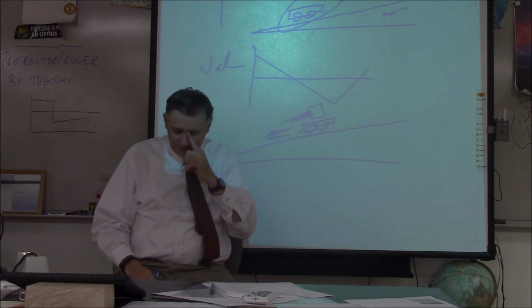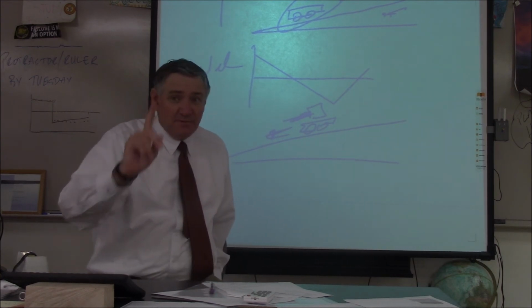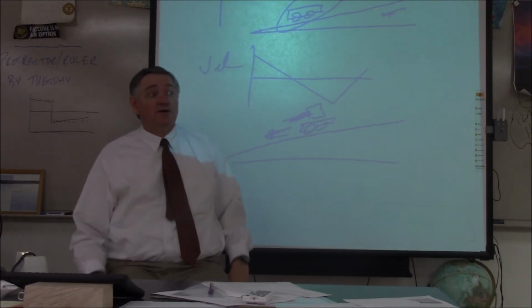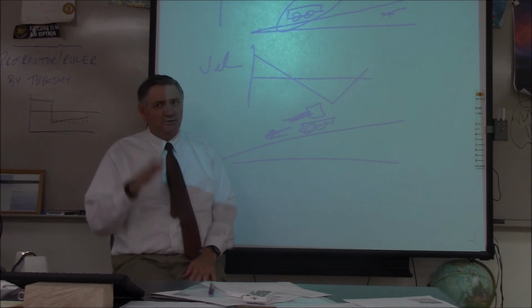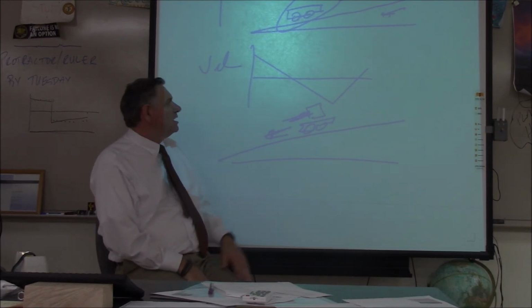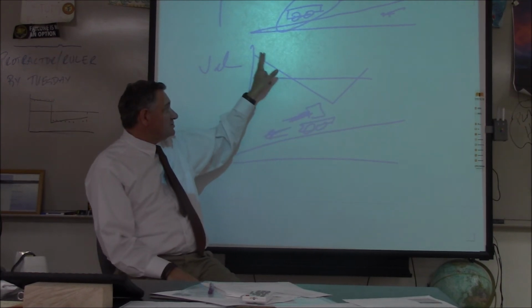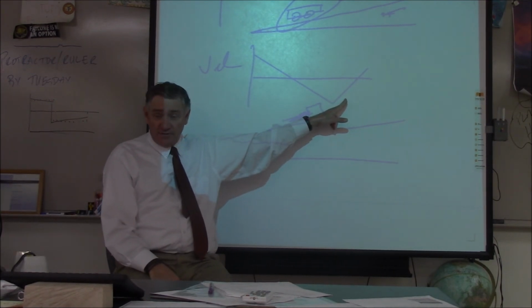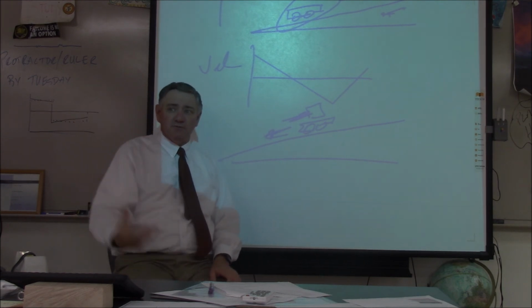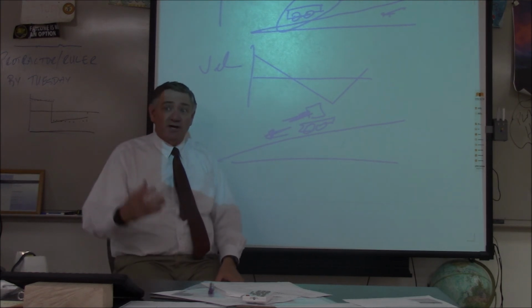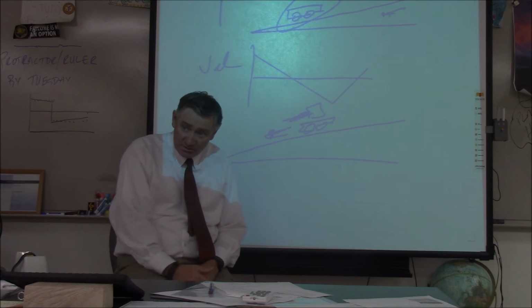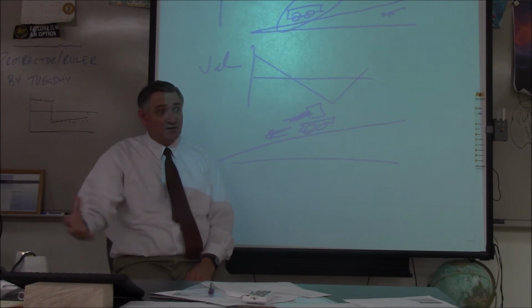Now remember, what does the slope of a velocity time graph give you? Acceleration. It's cool, right? And F equals ma, so if you change the value of your acceleration, what do you have to do? You've got to change the force, because force drives the acceleration.